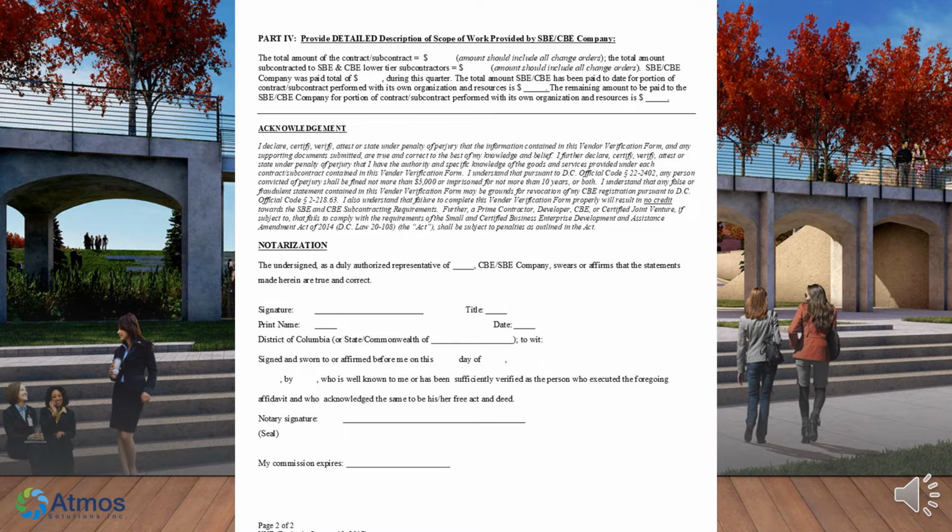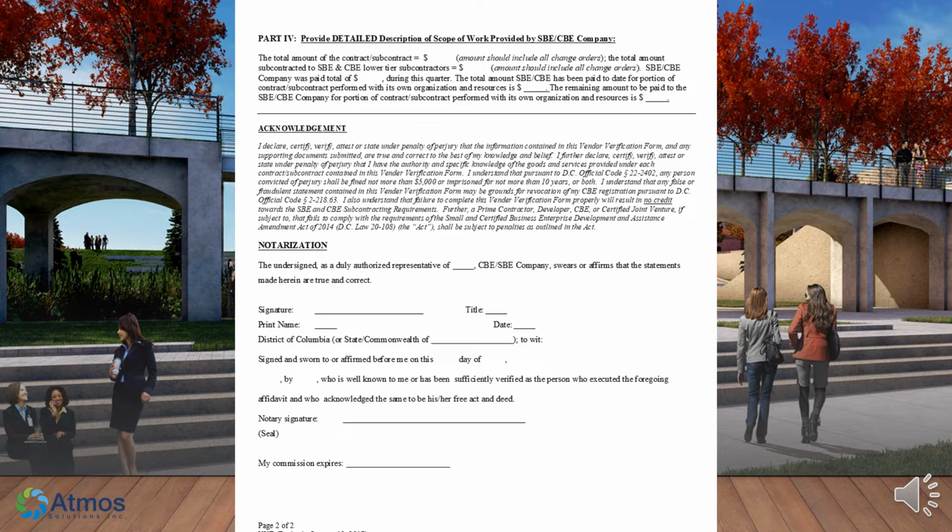Now you'll see the second page of the vendor verification form, which starts with Part 4. I will now go through each line item and what information is required. The first line is the total amount of the contract or subcontract. The next line speaks to the total amount subcontracted to SBE and CBE lower tier subcontractors. This line is only to be completed if this SBE or CBE subcontractor contracted work out to another SBE and CBE.